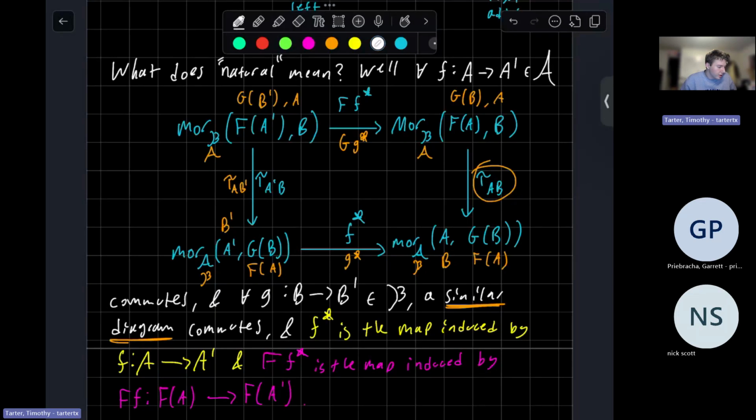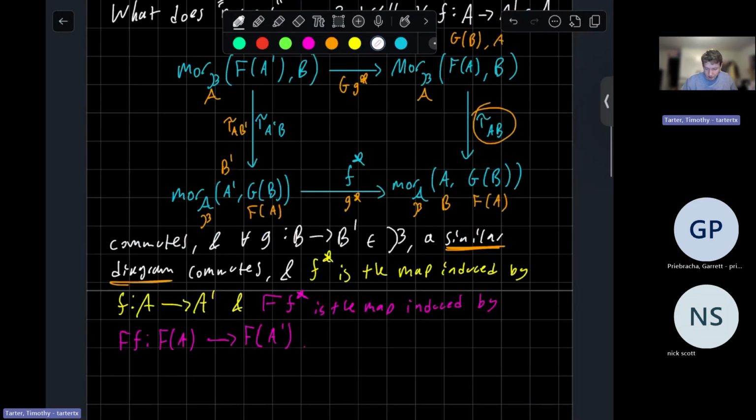For each A, there's a map eta of A into the composition, so that any G corresponding tau of G is given by the composite.